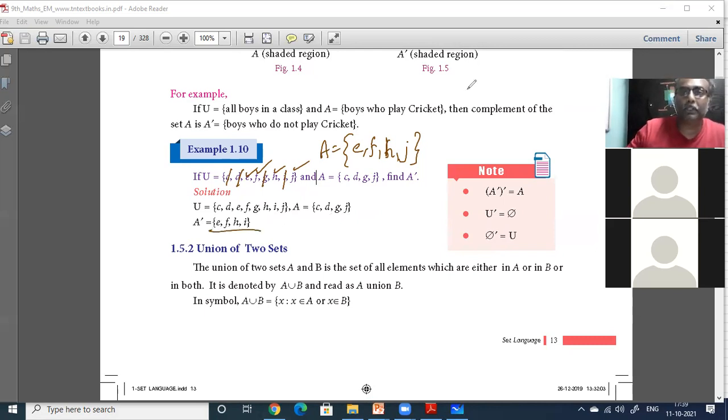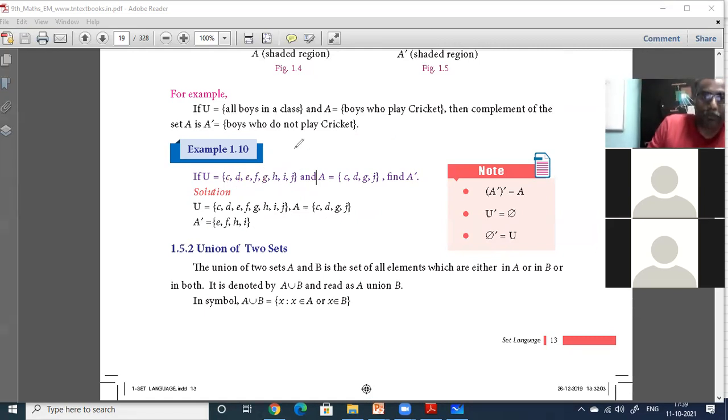Suppose you want to do this with Venn diagrams. How to do it with Venn diagrams? Put A, C, D, G, J. Then C, D is inside. E, F, G is also inside.